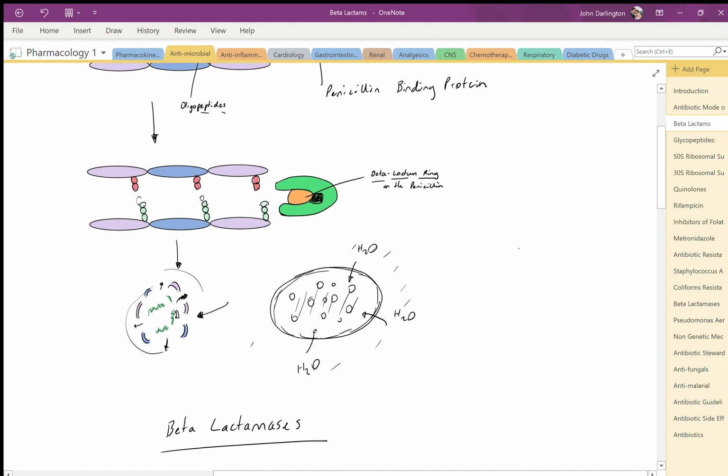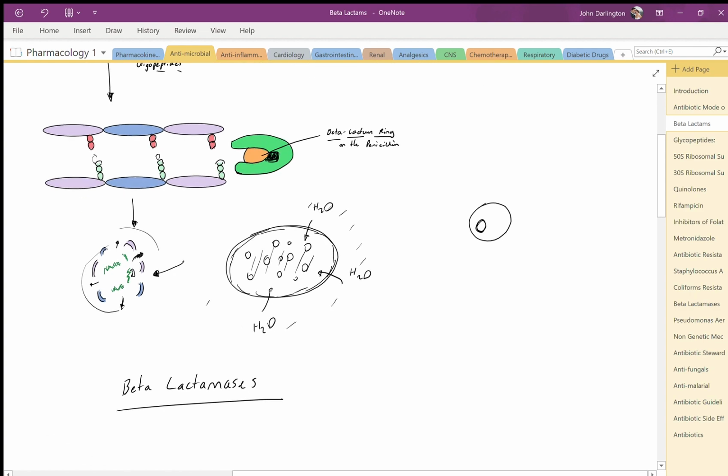So you've got your beta-lactam here, and it's got its beta-lactam ring, and the bacteria produce a substance which inhibits it, and it prevents it from binding in here, and so it makes it not work. And these are little molecules called beta-lactamases.